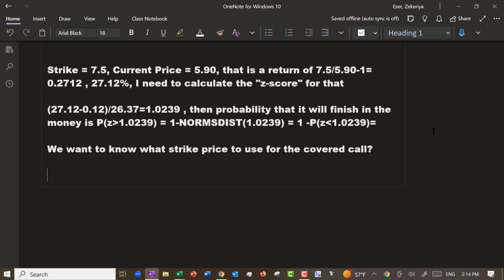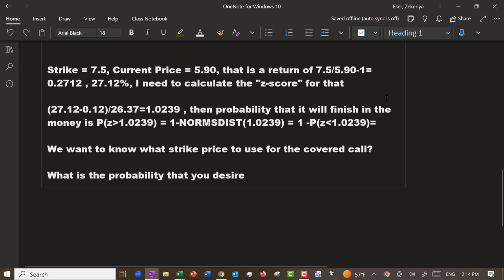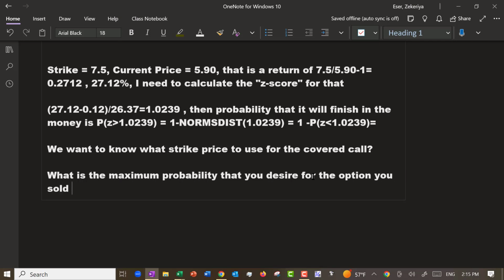The way we do this in practice, we ask ourselves, what is the probability that you desire? What is the maximum probability for the option you sold to finish in the money?